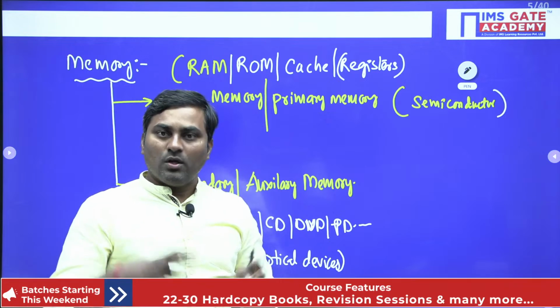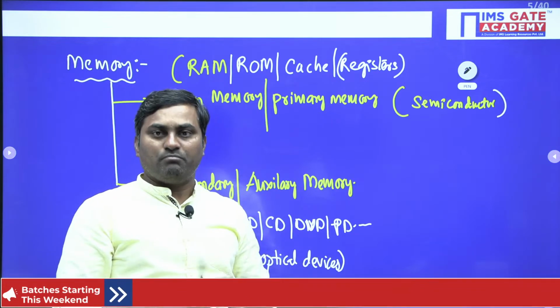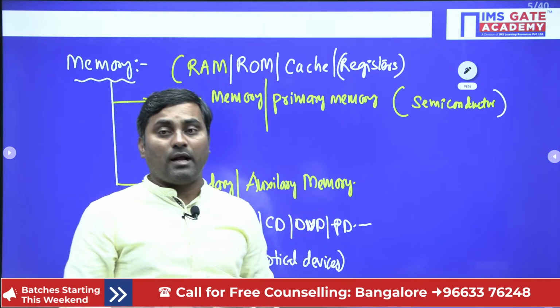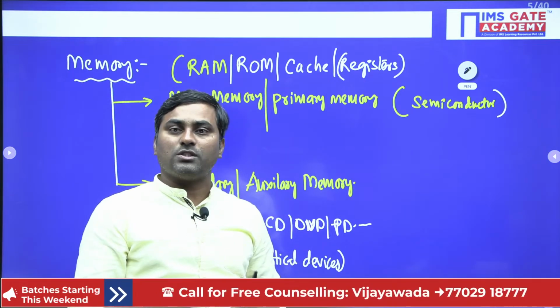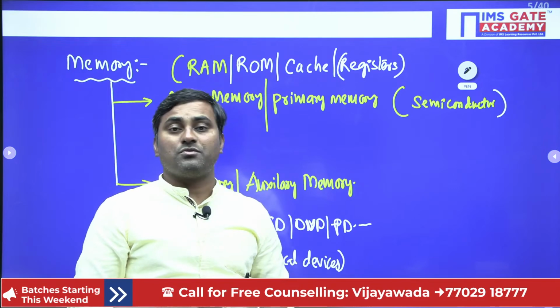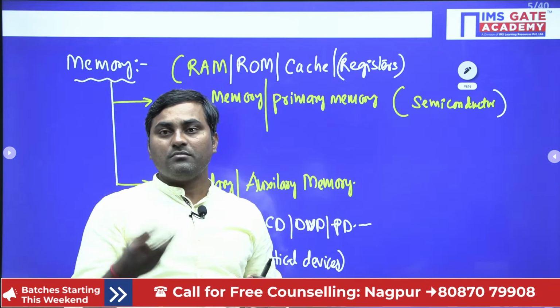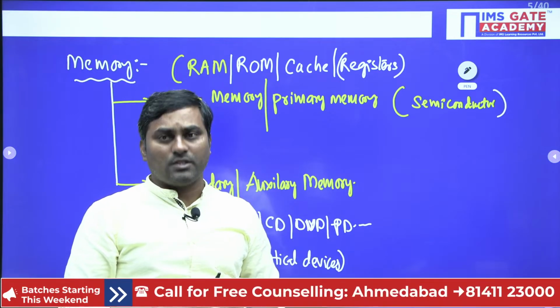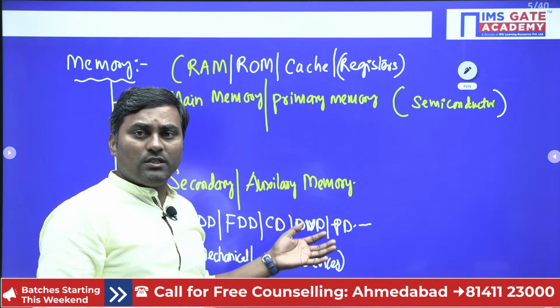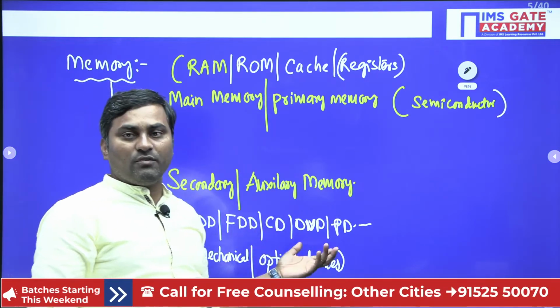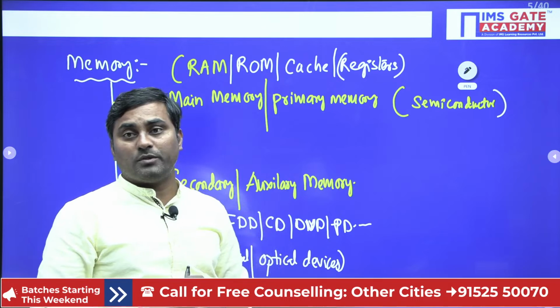Dynamic RAM, generally available in computer systems as main memory, stores information as charge in a capacitor. With mechanical, magnetic or optical devices, the differentiation would be different.